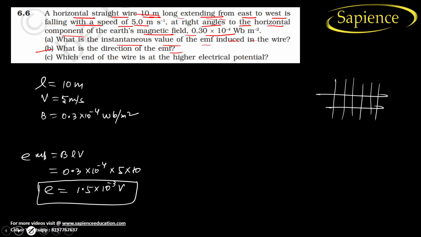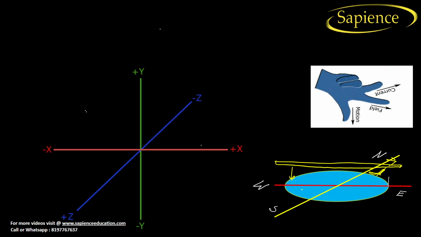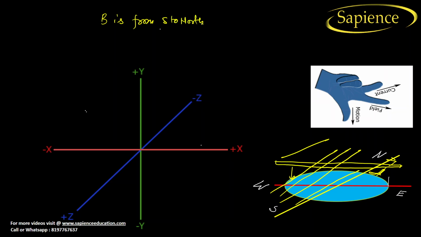Horizontal component of the earth's magnetic field: there are lots of horizontal components of the earth's magnetic field like this, right? Below also there is a horizontal component, above there is a horizontal component. So what will happen? The direction of the magnetic field B is from south to north.